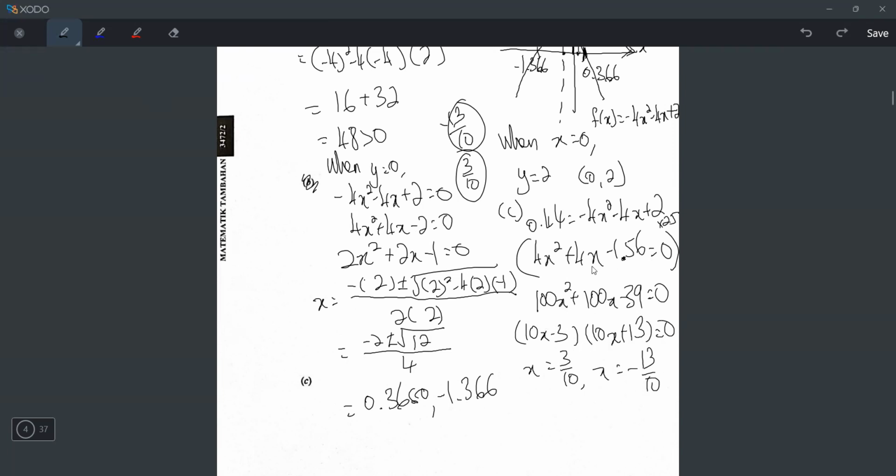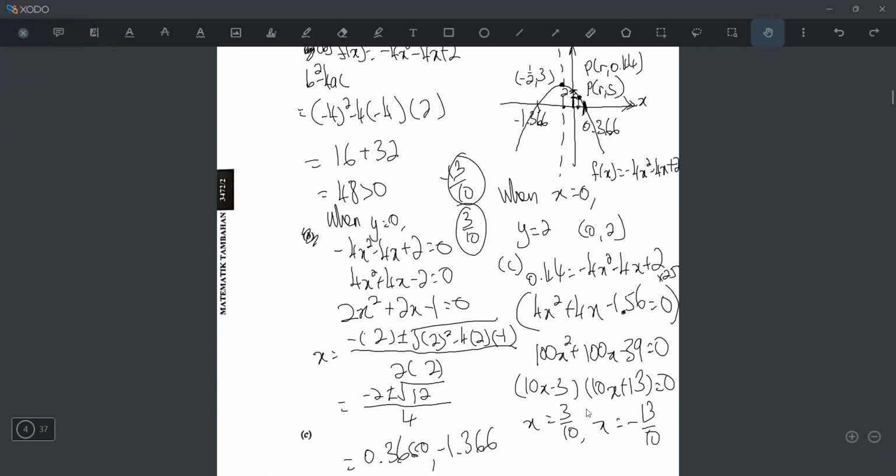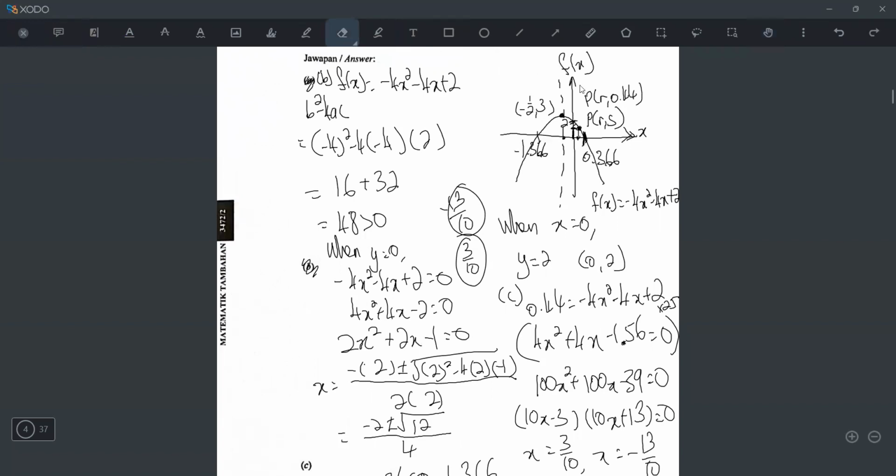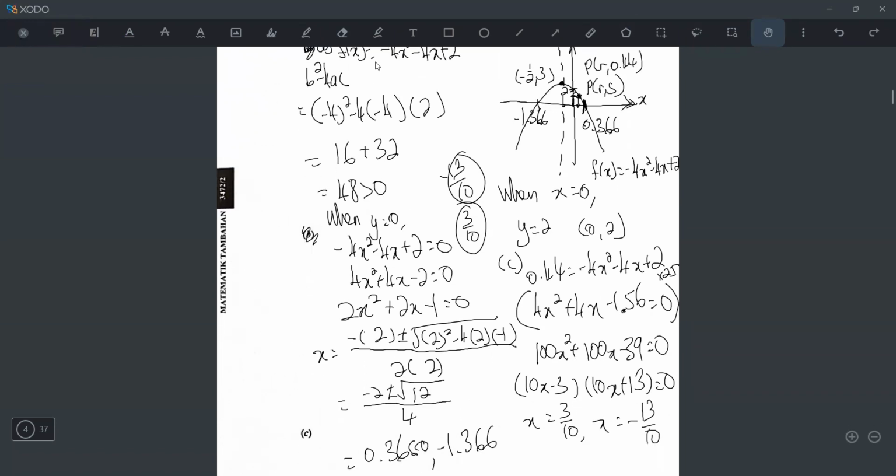Okay, it's still not done yet because we just found the value of r. So obviously we know the point P coordinate is r, 0.44.